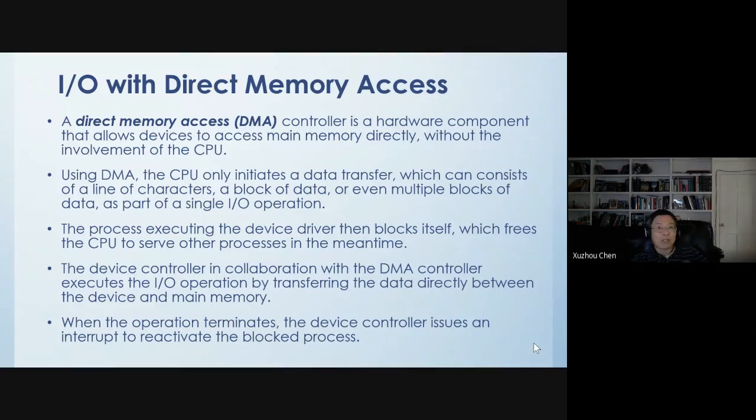So when you display the movie, you basically need to copy one block of data from the hard disk into the controller buffer, and then the CPU needs to copy the data into the memory, and then you need to send it to the monitor. So you need to keep copying the data all the way from the computer hard disk and eventually display it on the monitor. And you cannot copy the whole movie, right?